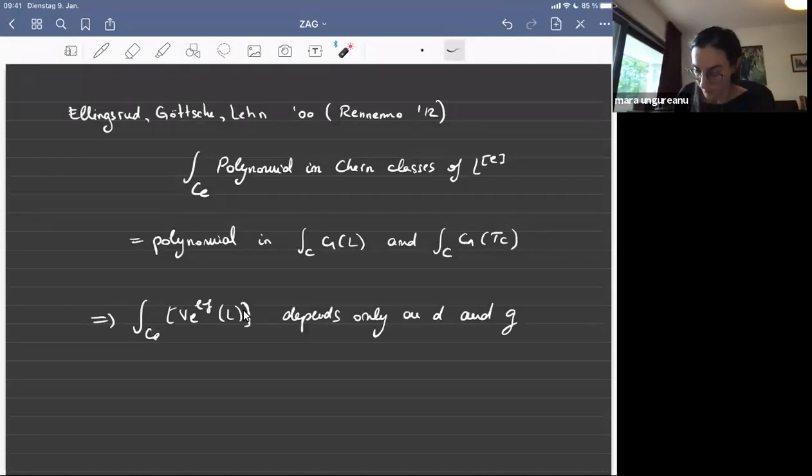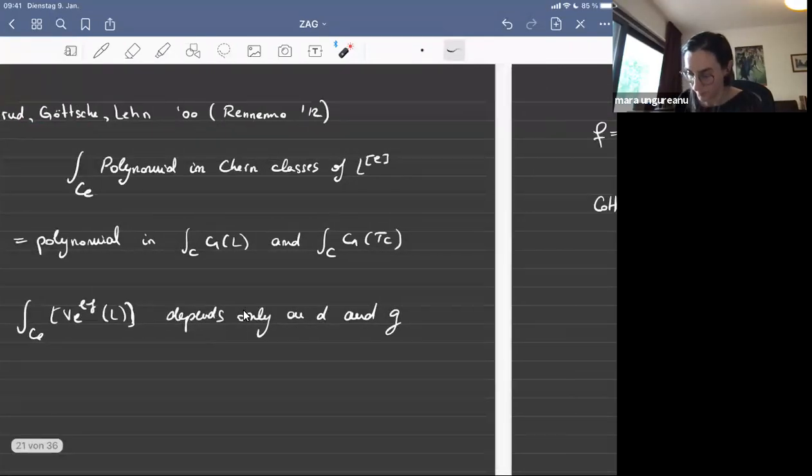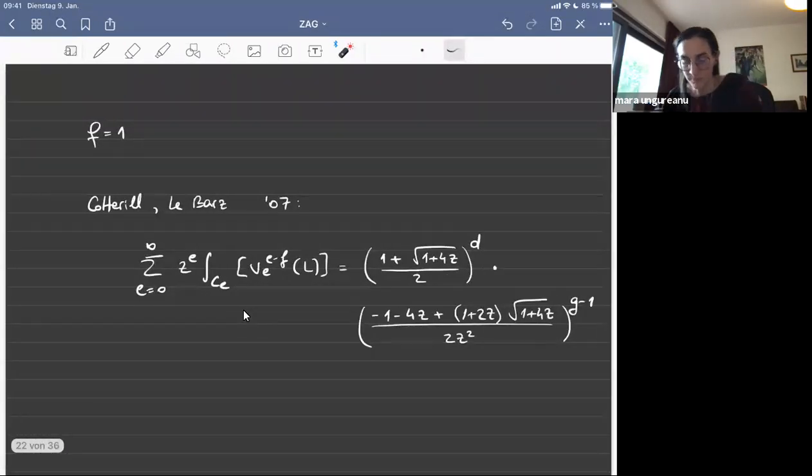in these calculations. And now, of course, in some sense it's not surprising, because if you stare at MacDonald's formula, you will also notice that things are going to be polynomials in D and g, but I think it's very reassuring that this result holds anyway. Now, for example, nice reformulations of MacDonald's formula already exist.